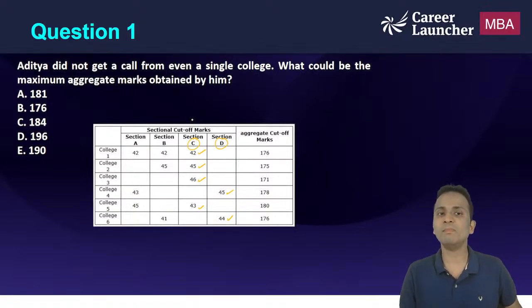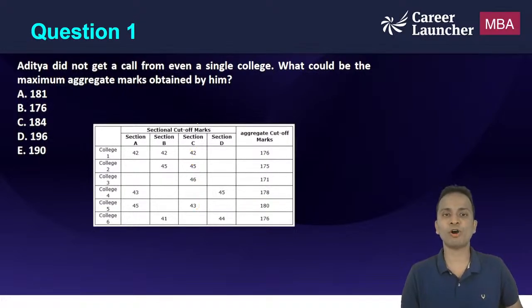So if I miss the sectional cutoff in section C for all these 4 colleges, that means if I get 41 marks in section C, I'll not get a call from college 1, college 2, college 3 and college 5, right?